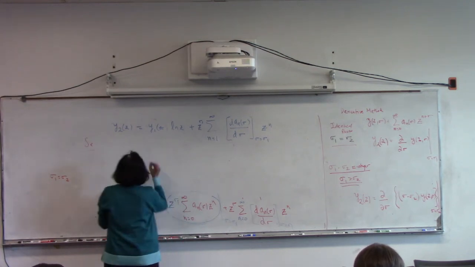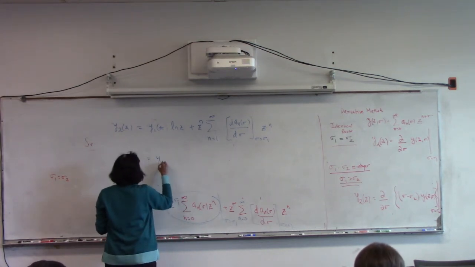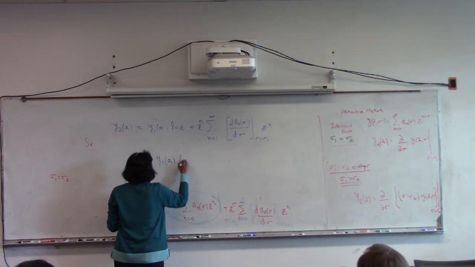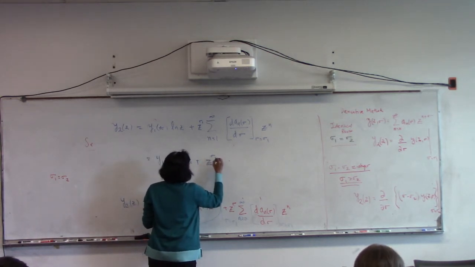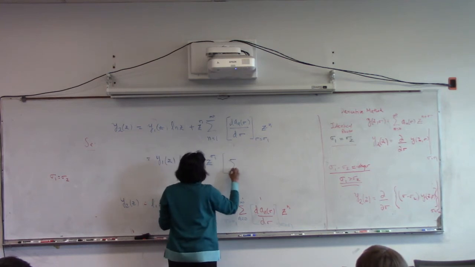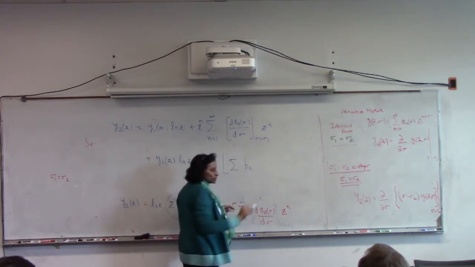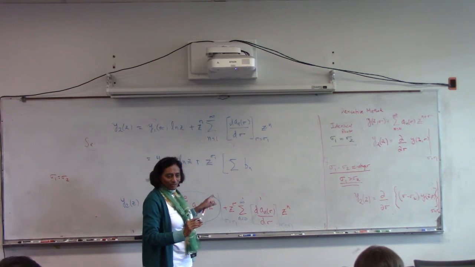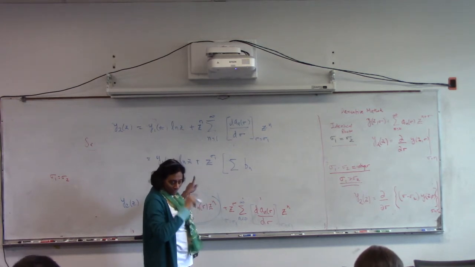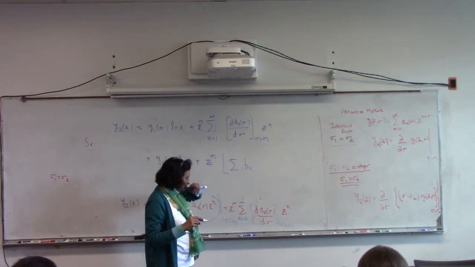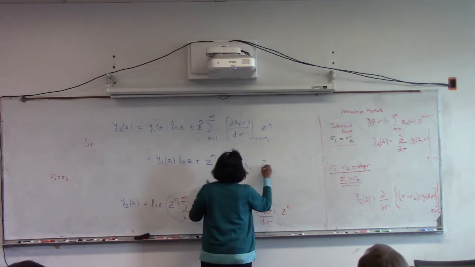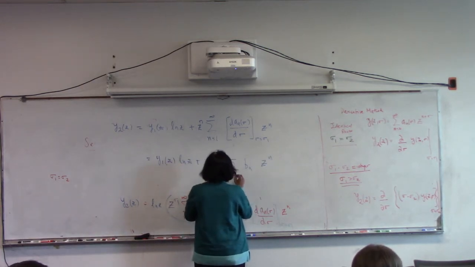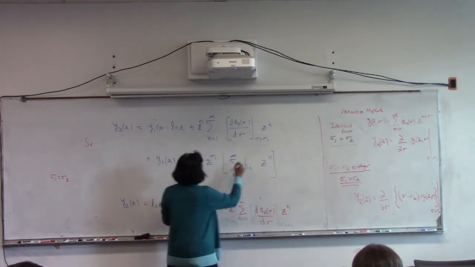a very concise notation. This will be a solution of any second order differential equation when P of z and Q of z have a regular singular point: the sum of Bn z to the power n going from 1 to infinity, with the coefficient Bn.